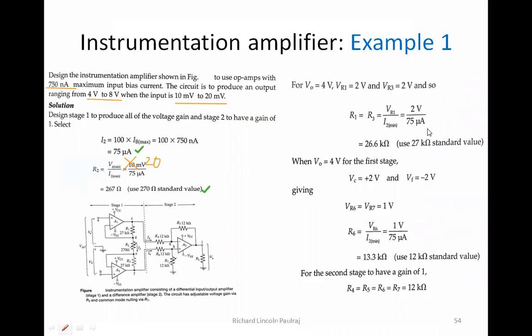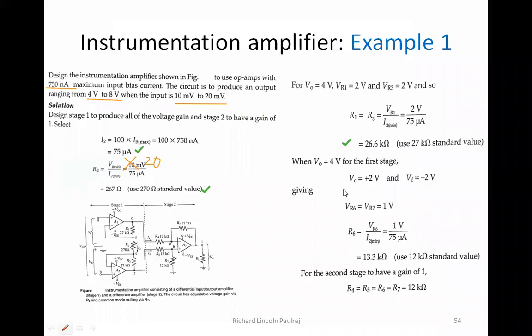Are these values proper? 26.6. Getting it, right? Okay, good. So we will round it off, probably about another 0.4 kilo ohms. So we'll make it 27.